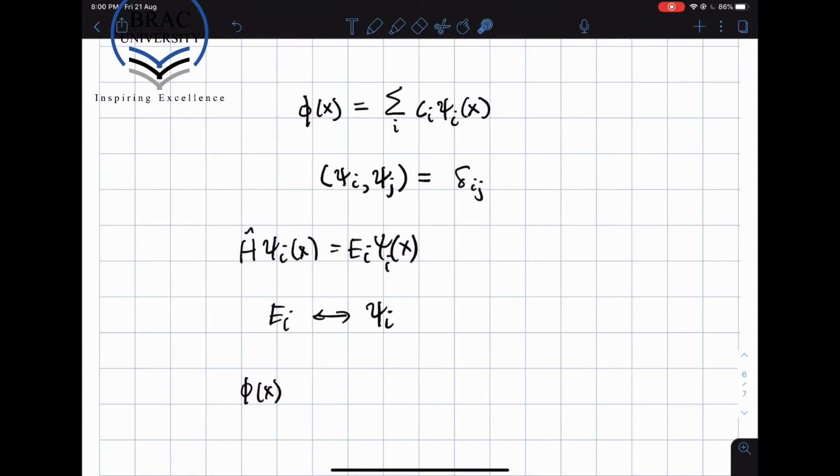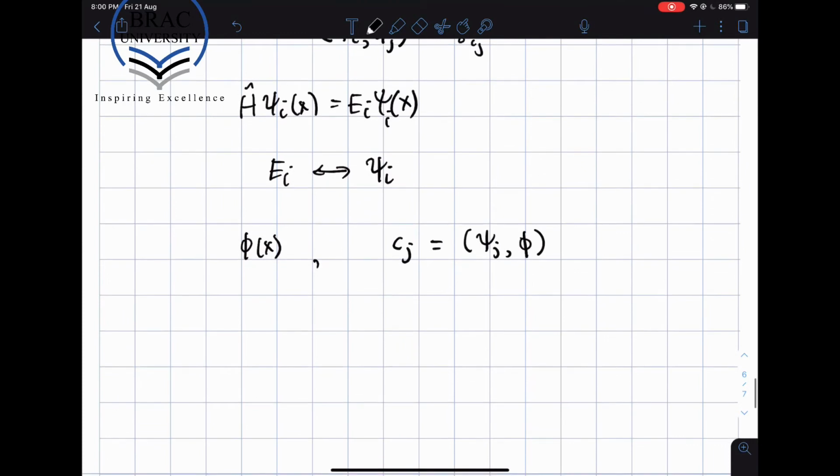So to find out what phi of x is, we use the fact that C of i, or let's say C of j, is given by the inner product between psi j and phi. So let's prove this statement.